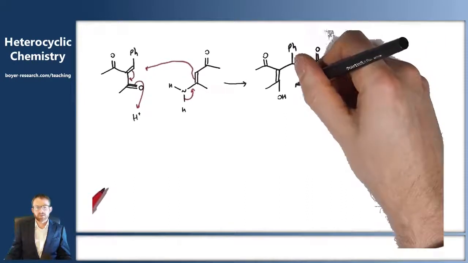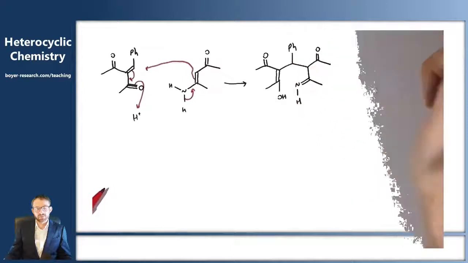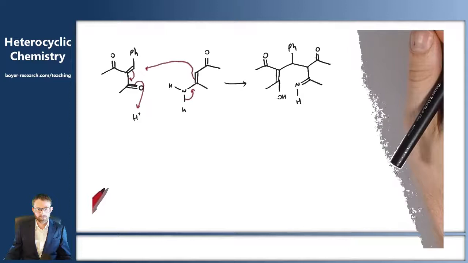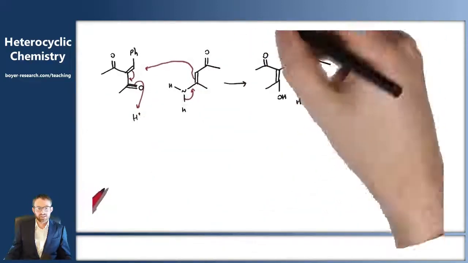At this stage, we can tautomerize the enol to regain our carbonyl.